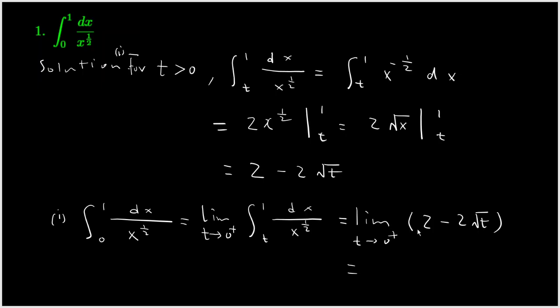I forgot to write it myself. So the answer is 2. I hope it makes sense: as t gets closer and closer to 0, square root of t gets tinier and tinier. Or alternatively, in Math 101 we learned to evaluate the limit. Because the function is an elementary function, we just plug 0 into the function, and we have the limit.